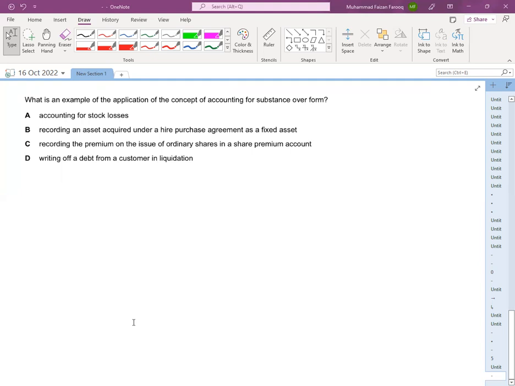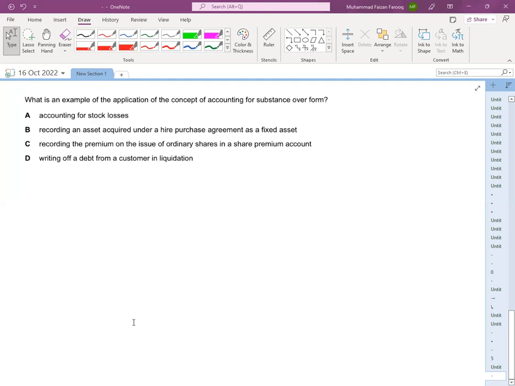In the case of a leasing agreement, as per the law, a person who is giving you an asset on lease is the owner. But in accordance with the IFRS and IAS international accounting standards regarding lease, the person who is using the asset must record it in his books, in his balance sheet, as a right-of-use asset. So here the accounting is saying something different and the legal ownership is something different.